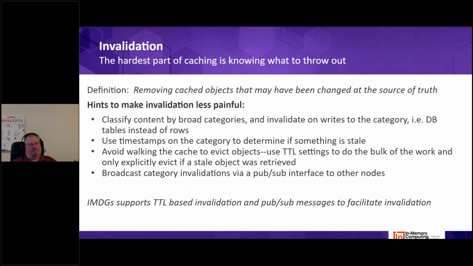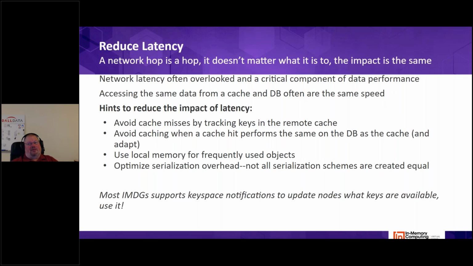Now, the next thing is to try to reduce the latency impact of doing the caching. If you're using an in-memory database and you're caching into a separate node, let's say a centralized in-memory database, you're still doing a network hop in order to get to that database in order to ask it a question.